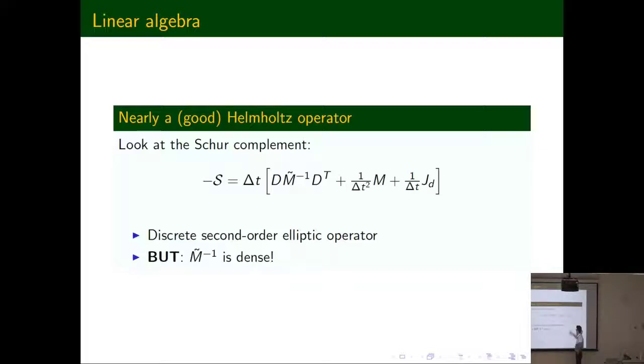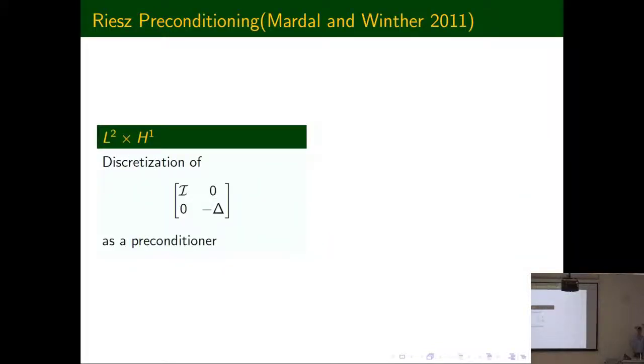not elliptic operator. But the trick here is we can't just bang on this because M tilde inverse is dense. So we have to look at other ways of coming up with preconditioners. If you've seen the Mardal Winther paper, Preconditioning Systems of Differential Equations, you could think of this as an operator on L2 cross H1.